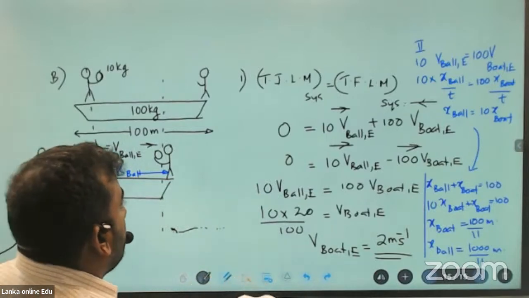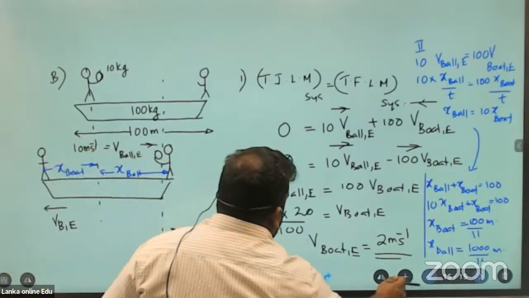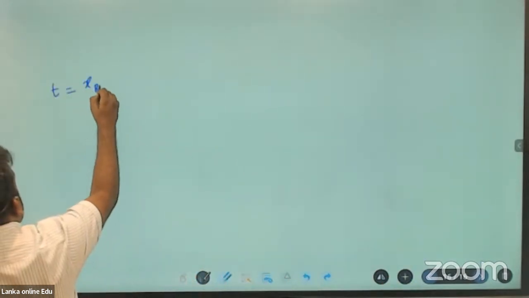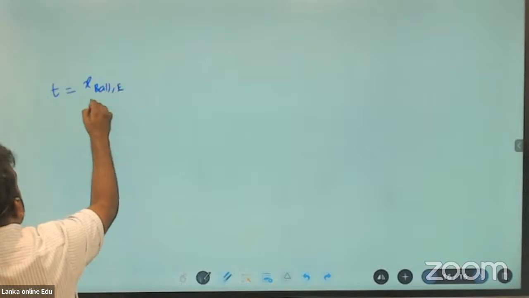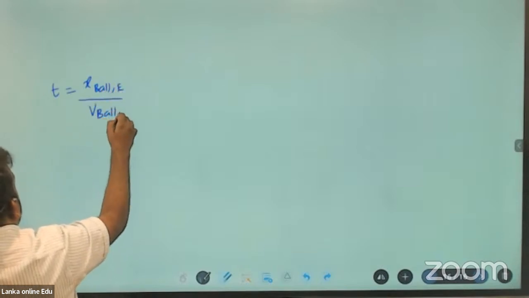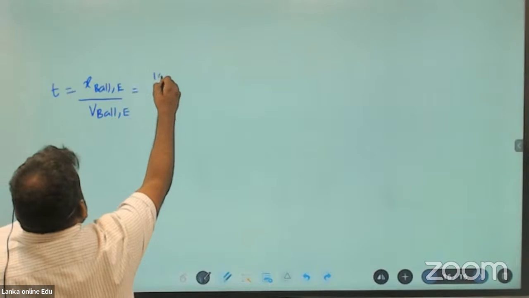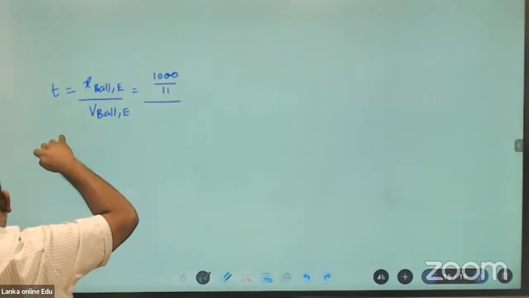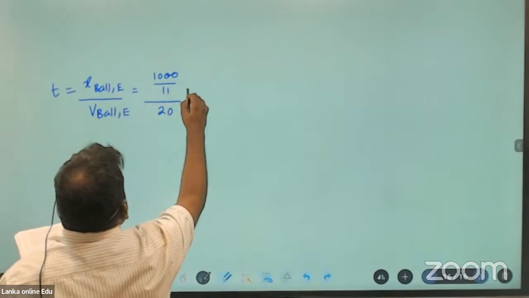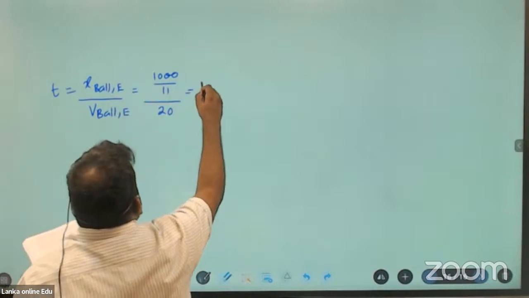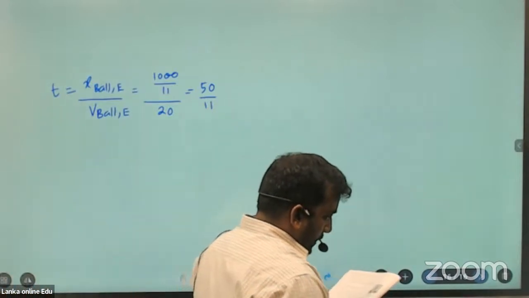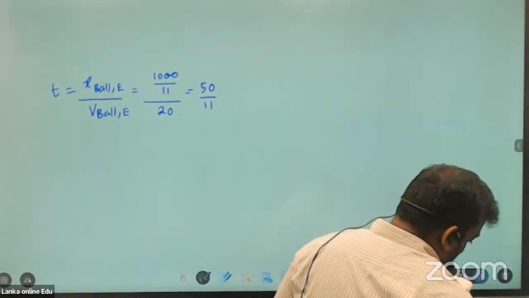Now you can find the time taken. How will you find the time taken? Time taken is displacement of ball with respect to Earth divided by velocity of ball with respect to Earth. 1000 divided by 11 divided by velocity of ball with respect to Earth, 20. Simplify it. 50 over 11.